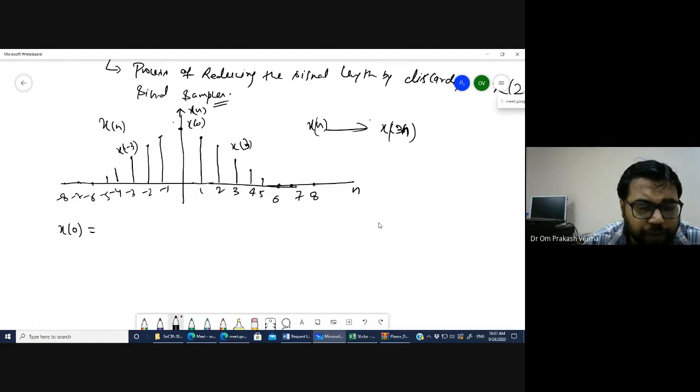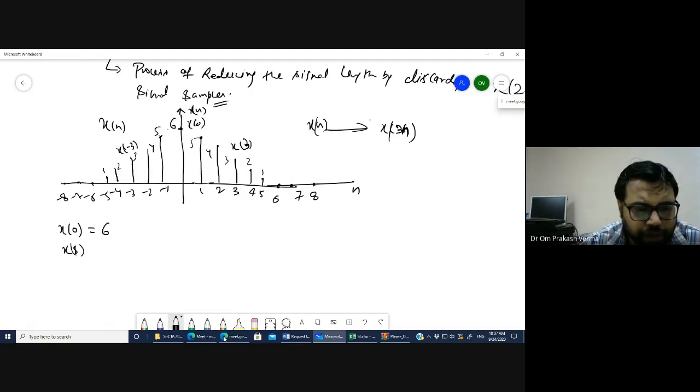Let's say, this is 6, this is 5, this is 4, this is 3, this is 2, this is 1. In a similar way on the other side, this is 5, 4, 3, 2, 1. So what is the value of x0? x0 is 6.